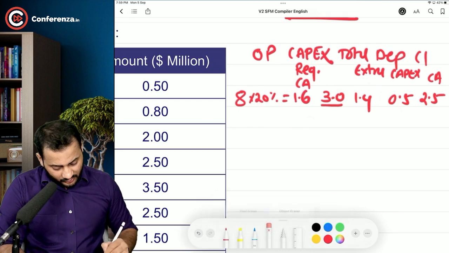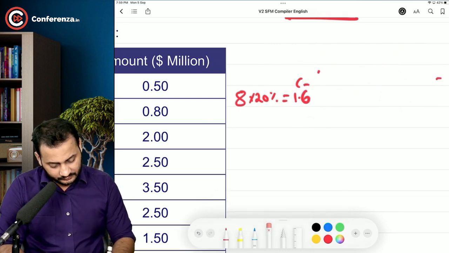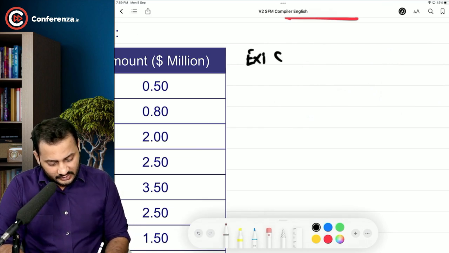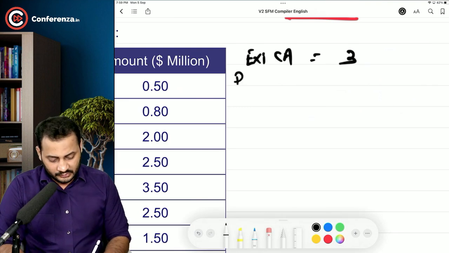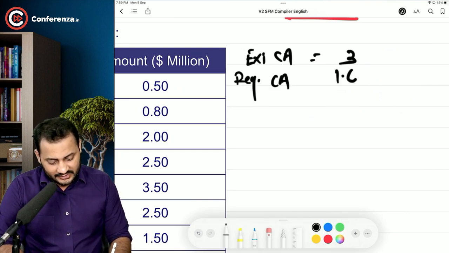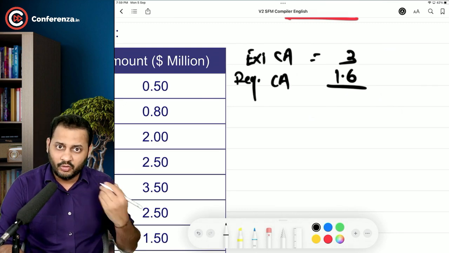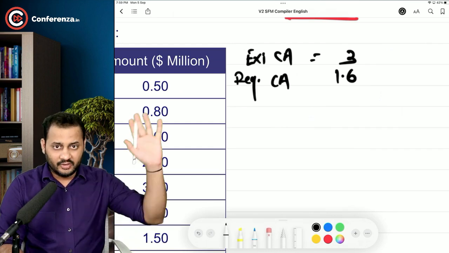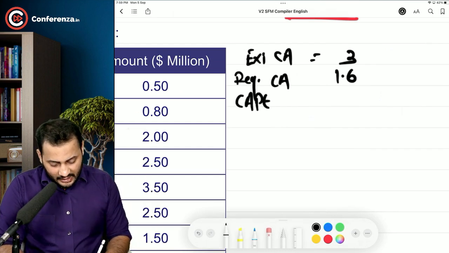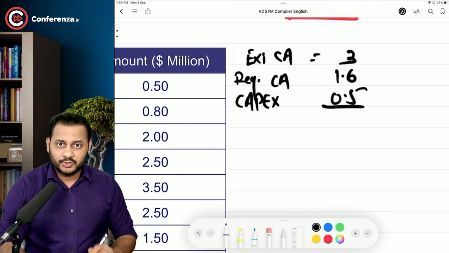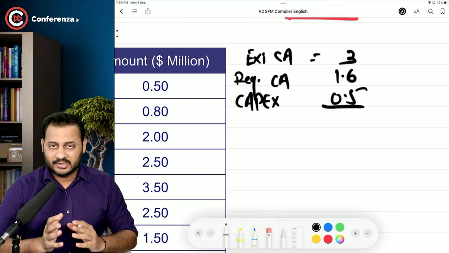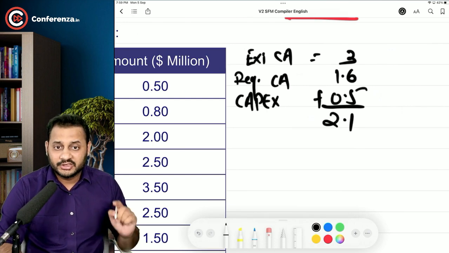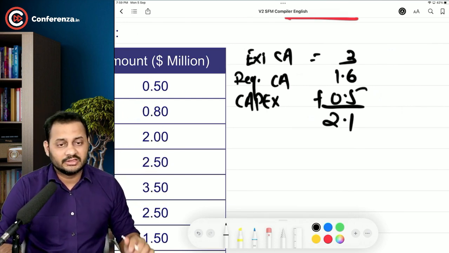Okay. Another way of writing this can be like this. The existing current asset balance is 3. Required current asset balance is 1.6. That means you are already in extra. Now, required is 1.6. We need a capex of 0.5. So the total funds required for the capital expenditure and current asset is 2.1, 1.6 plus 0.5, which is less than the current balance.